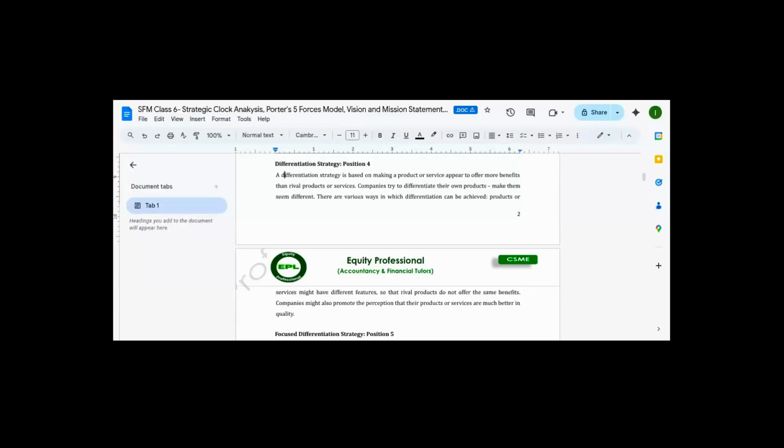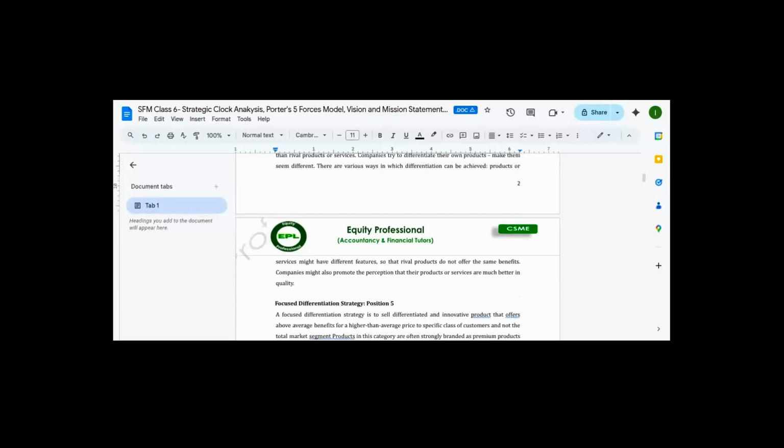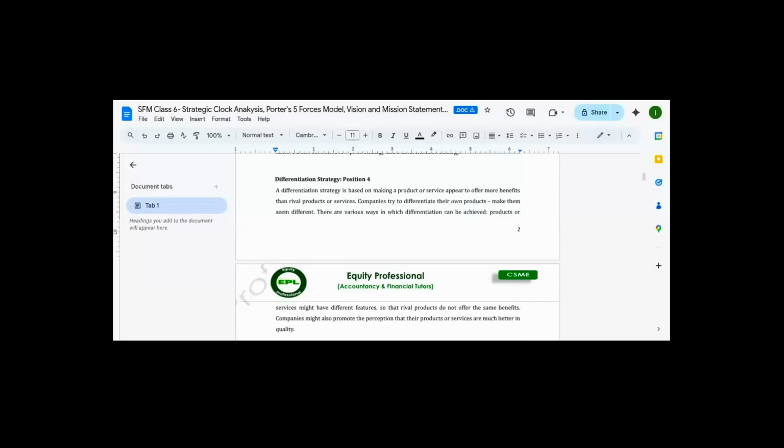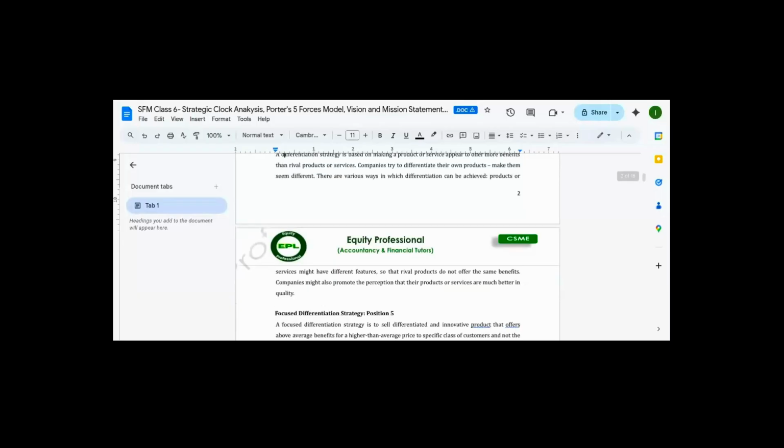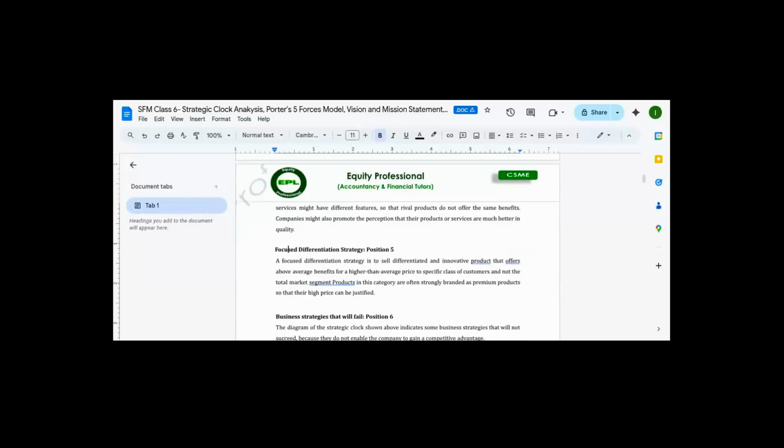So a differentiation strategy requires producing a differentiated product that we offer to the entire market. The fifth strategy is called the differentiation focus strategy. If you call it focus differentiation strategy, as we are seeing it, it's the same thing.